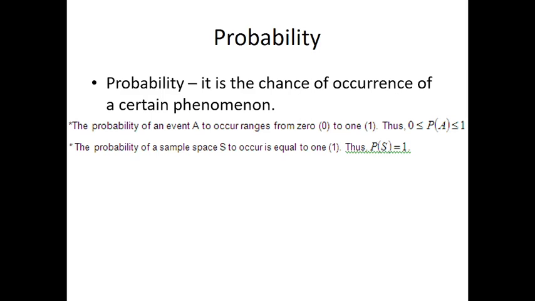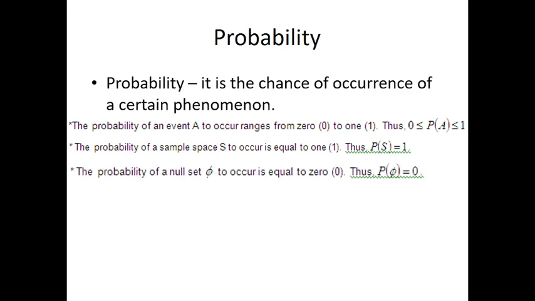Kasi, dun sa sample space, sa aking example, nakalista yung head and tail. So, kahit anong gawin ko, sure event yon, laging mag-a-occur yung sample space. Kaya, 1 siya. The probability of a sample space is equals to 1. Okay?